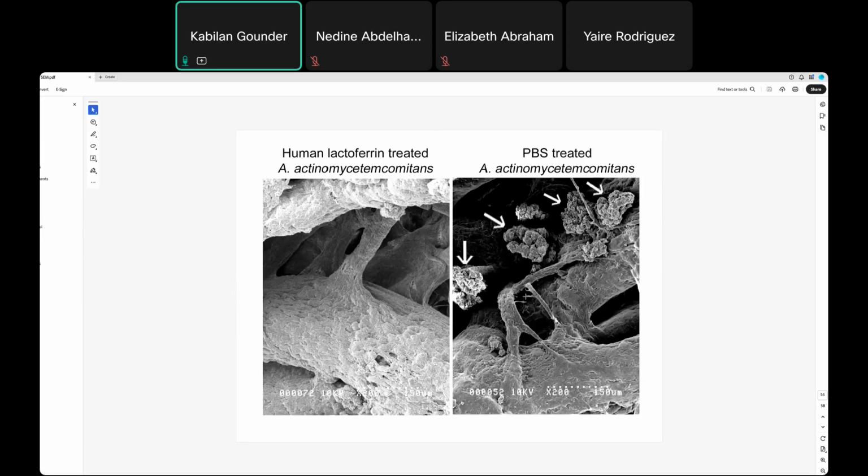And this is another study where we wanted to study lactoferrin treatment on the heart of mice, how this will help to remove the AA biofilm on the surface of the mice heart.